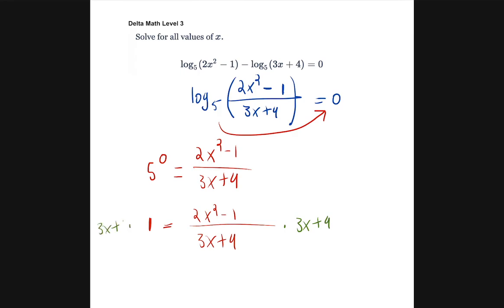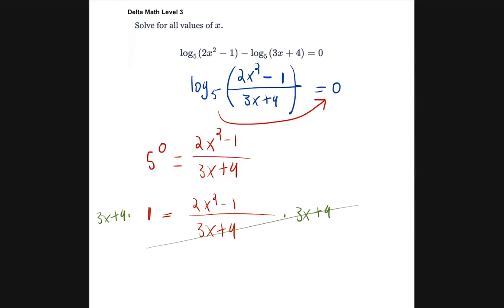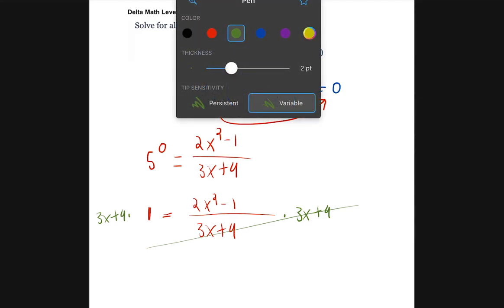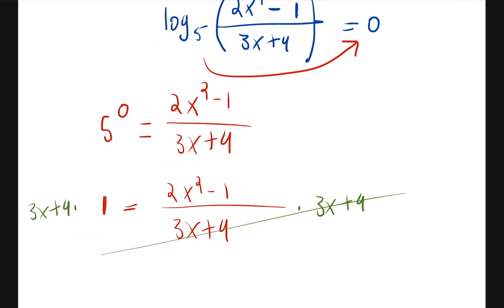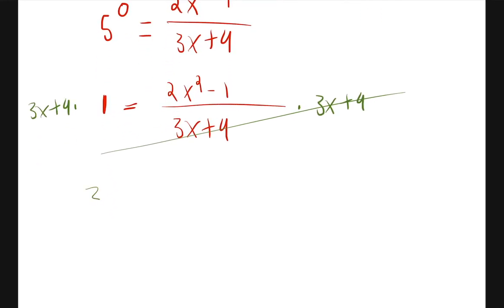The reason for that is if you multiply by 3x plus 4 on the right, the 3x plus 4's become 1. They cancel. And so we have 3x plus 4 is equal to 2x squared minus 1.